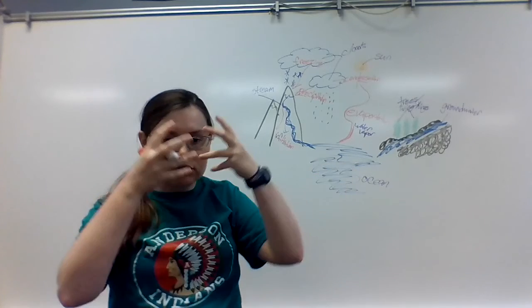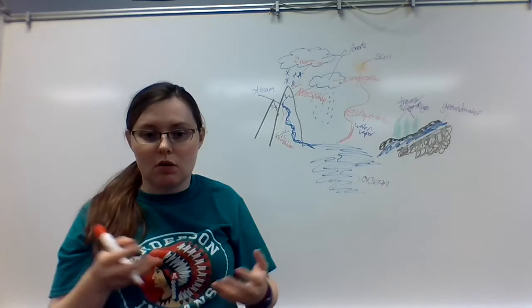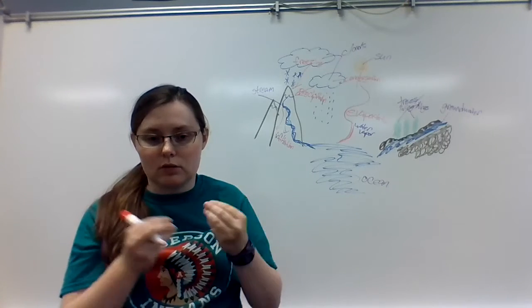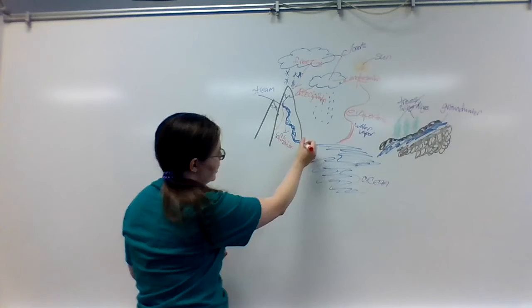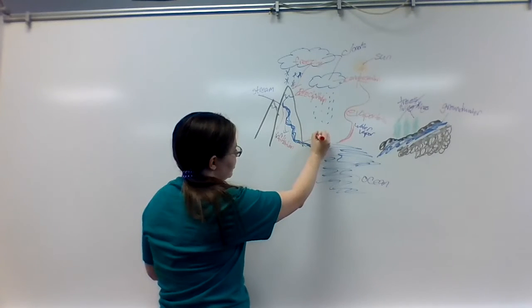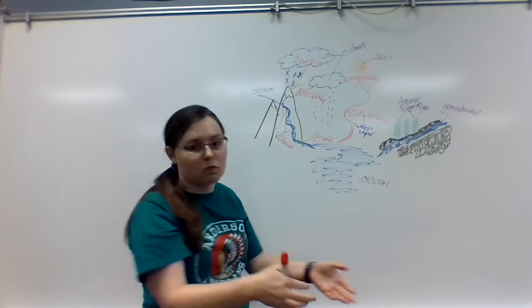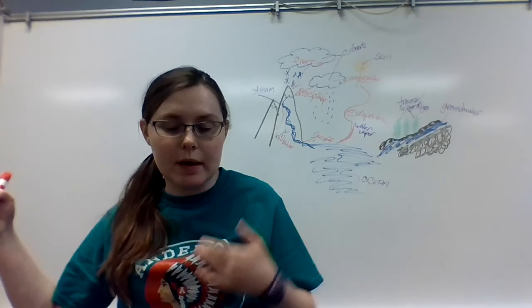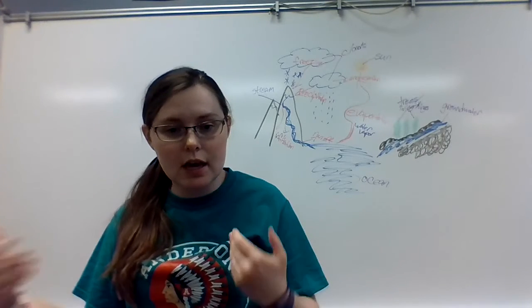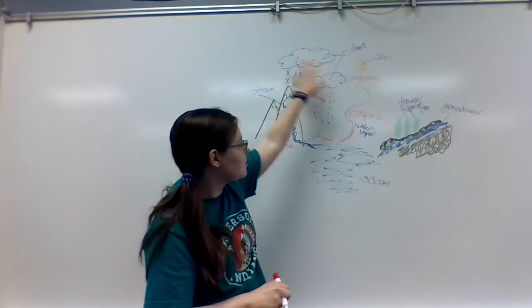So with infiltration, the snow or the rainwater seeps into the ground. And then right here, we have what's known as runoff. When the water goes off of the mountainside into the ocean again, that's known as runoff. So that is part of our water cycle.